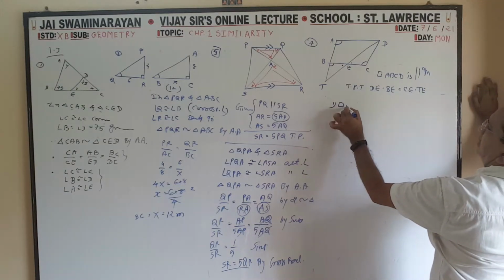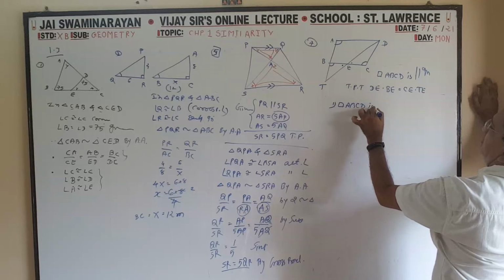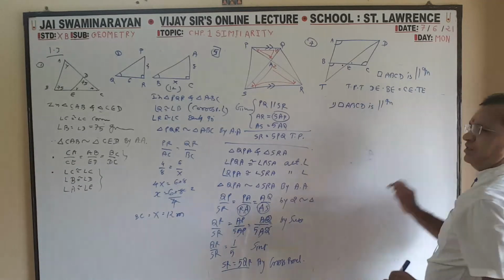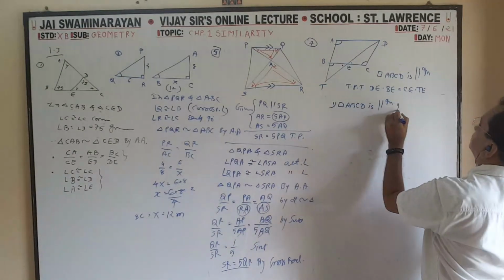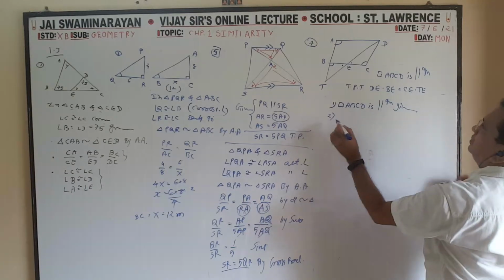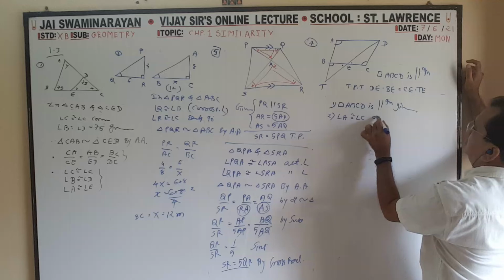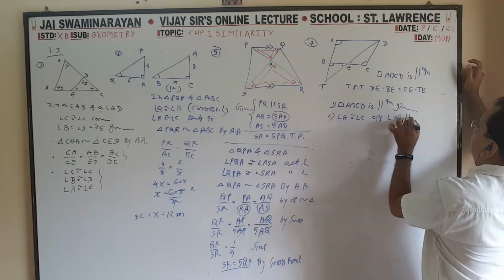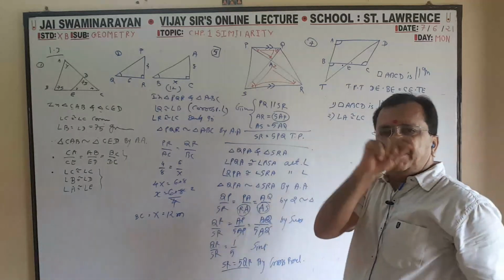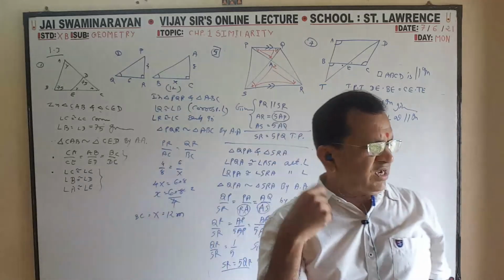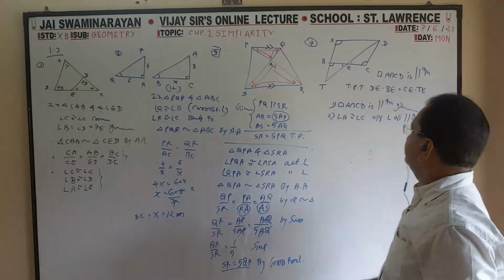So first, quadrilateral ABCD is a parallelogram. It is given, correct? So angle A is congruent to angle C, opposite angles of a parallelogram. In a parallelogram, opposite angles are congruent.